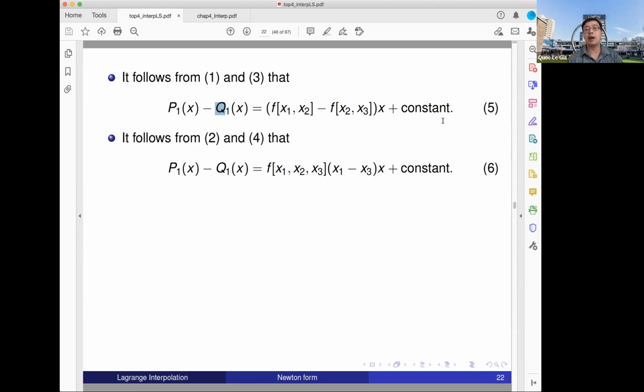So from 5 and 6, what is your conclusion? Remember P1(x) minus Q1(x), where x could be any x.